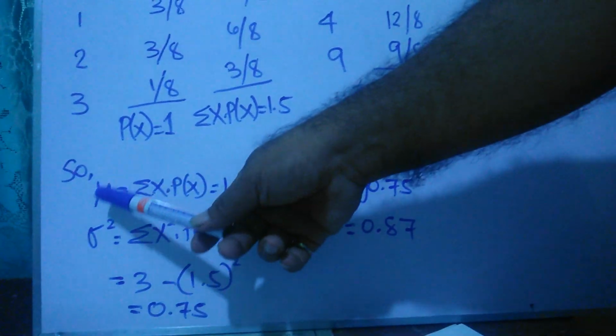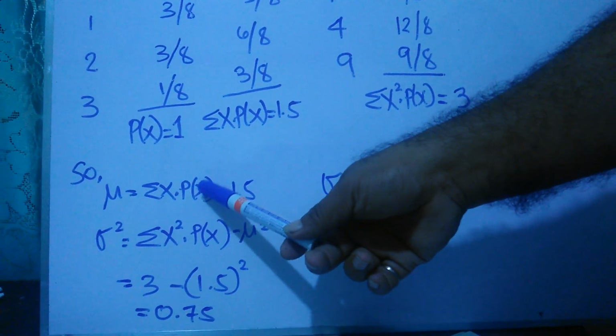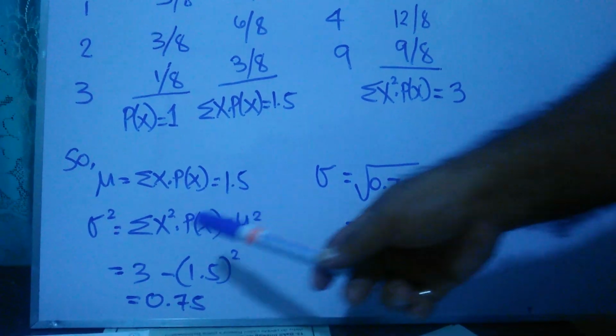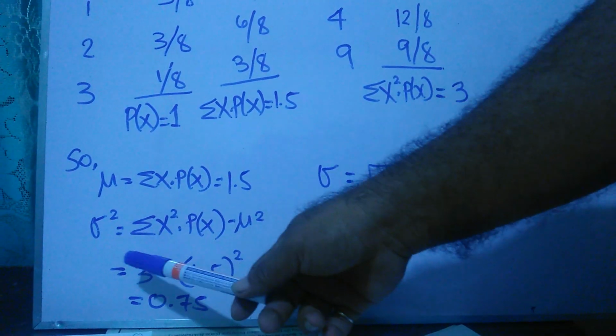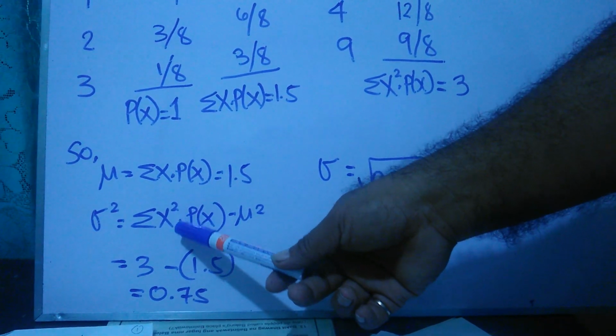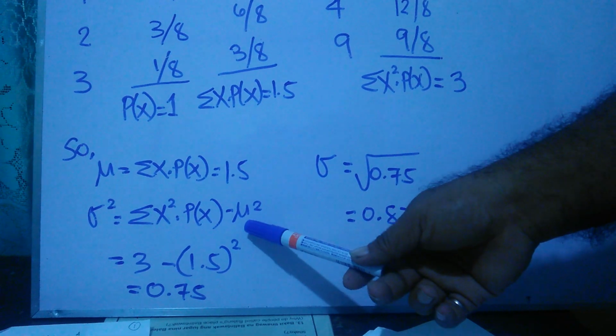So the mean equals the summation of x times the probability of x, which is 1.5. Then the variance, sigma squared, equals the summation of x squared times the probability of x minus the mean squared.